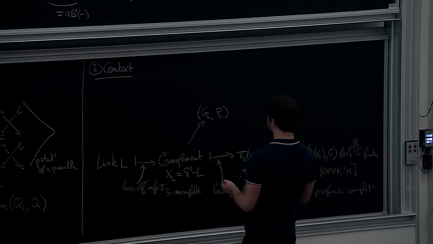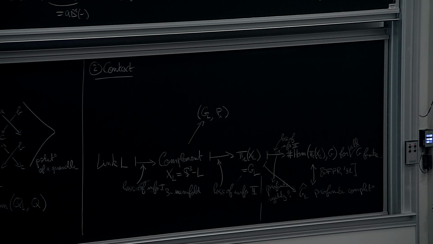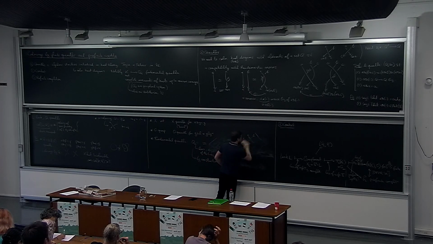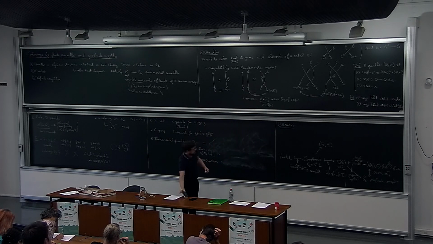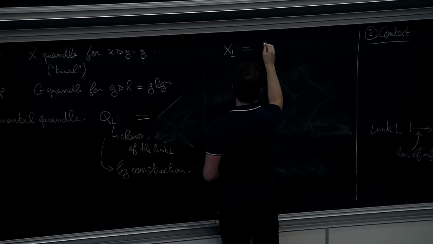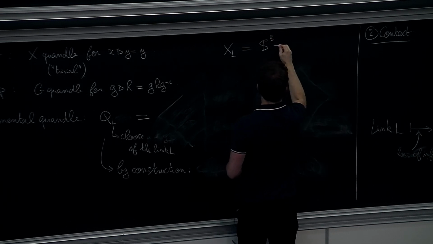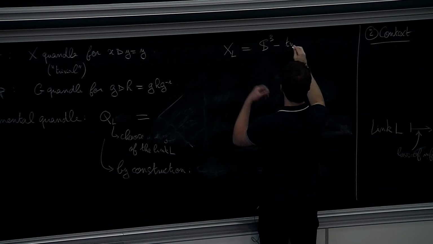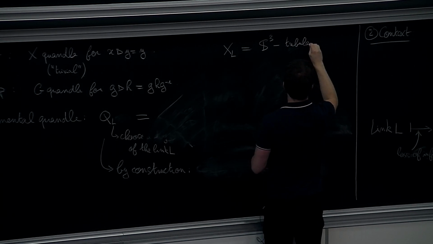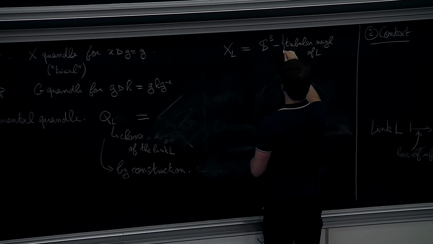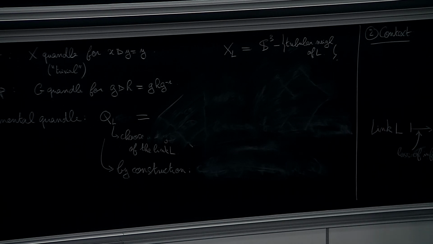And so let me try to have some space here to define them. You can think of your complement here as actually you remove a tubular neighborhood of L. This is slightly different, but not that different.